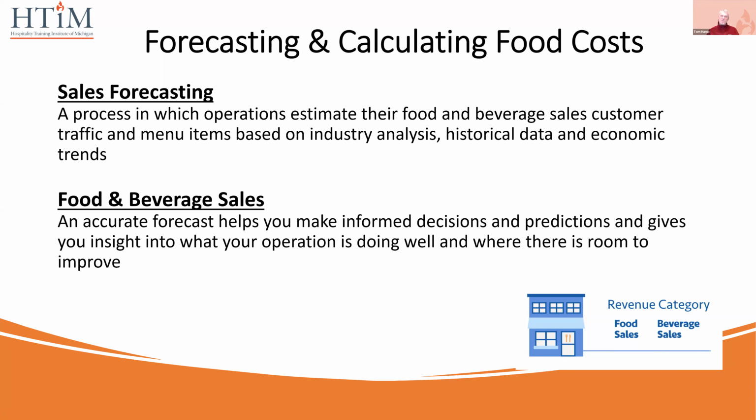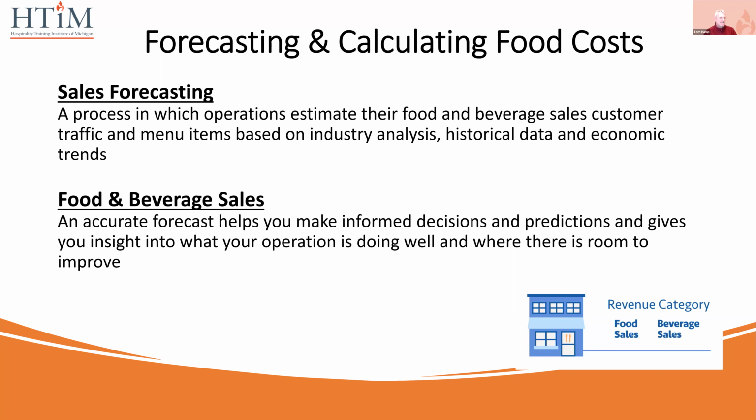And again, talking about the two different items, a food and beverage forecast helps us make informed decisions and predictions. That person that's ordering the food has to understand and know this, because they don't want to over order, because things might spoil, especially perishable stuff, or under order. There's nothing worse than somebody ordering something and you're out well before the time that somebody's going to order again.